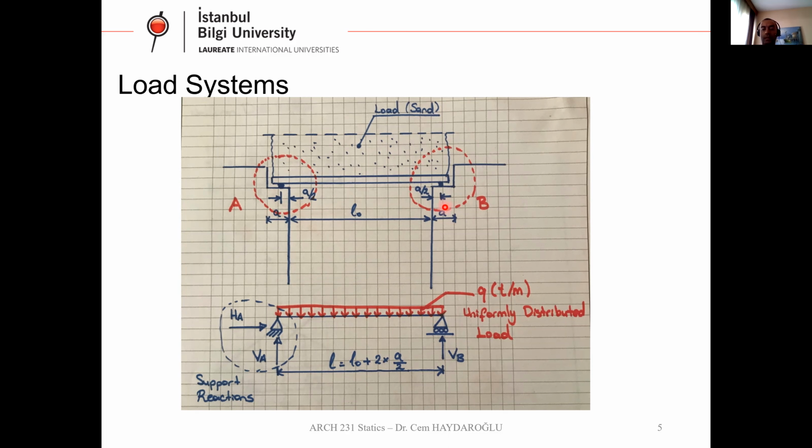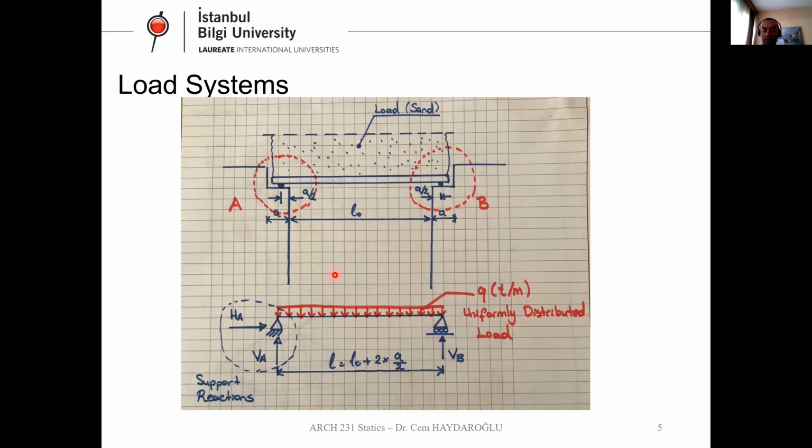So the main span of this beam is between these two dots. So what is this length? L0 plus A/2 plus A/2. As you can see here, this is the structural system of this beam.